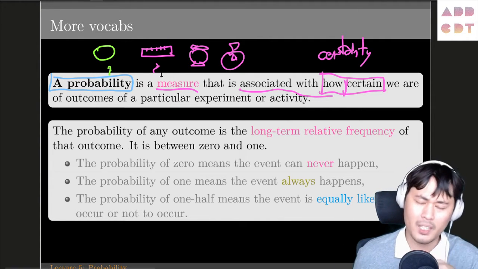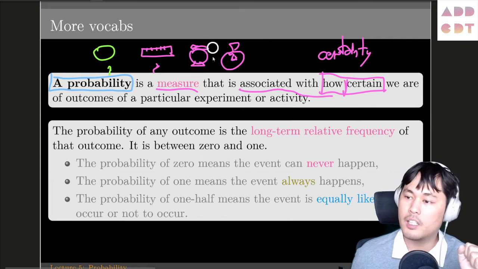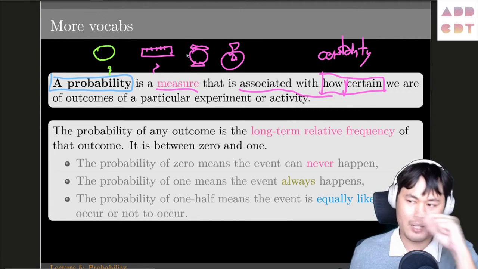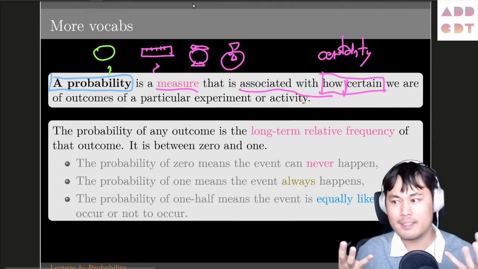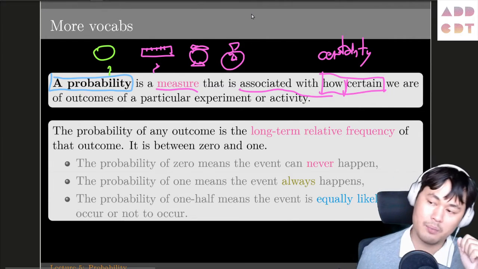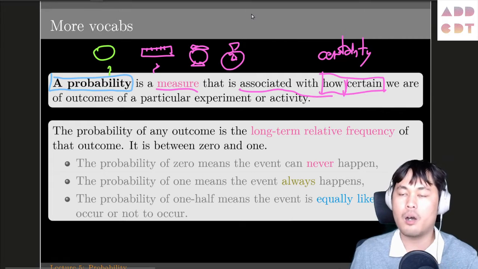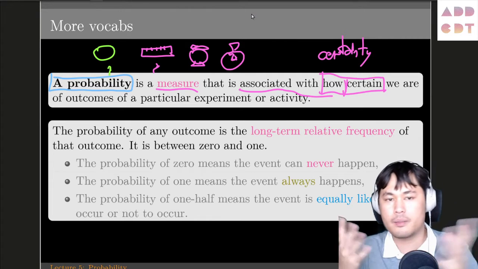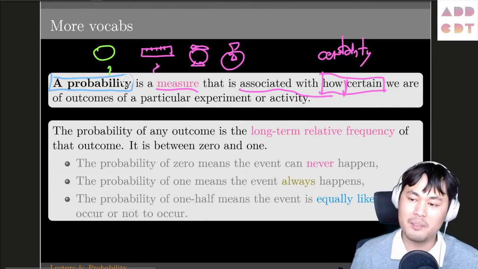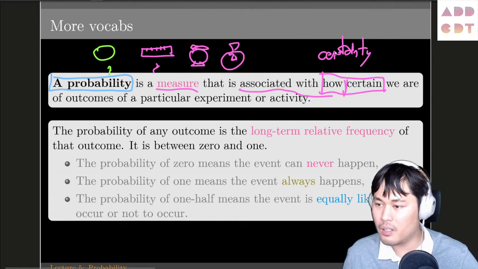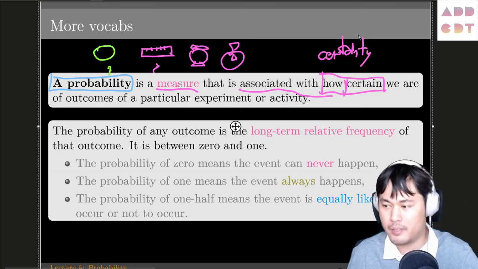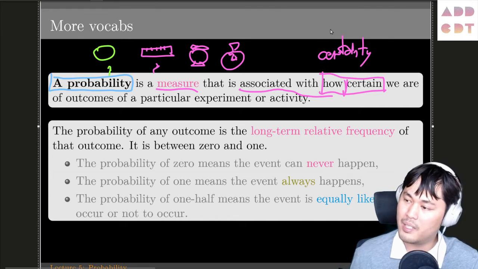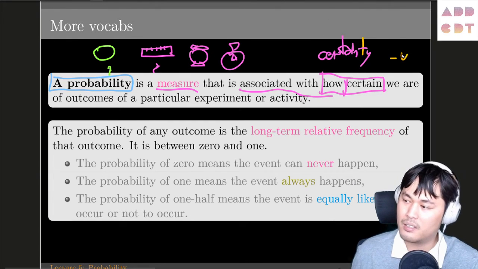If you just use simple vocabulary, if you think about weight, you can think about something that is either heavy or light. If you think about time, you can think about something that is fast or slow, or long and short. Here again, probability also measures certainty, and the two extreme ends of certainty are that we can be certain or uncertain.